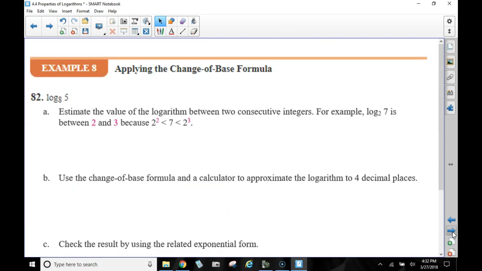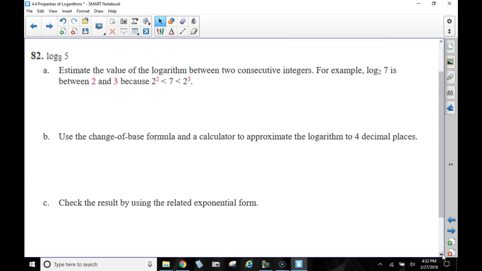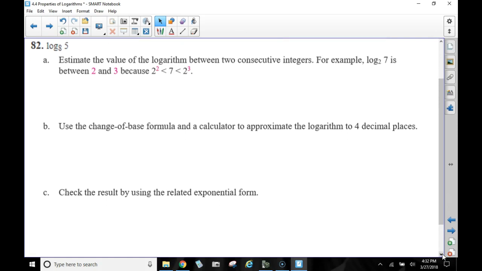Okay, let's see how we use this. We're going to have to build a concept. We're going to see what is the log of 5 with base 8. What exponent do we use on 8 to give us 5?